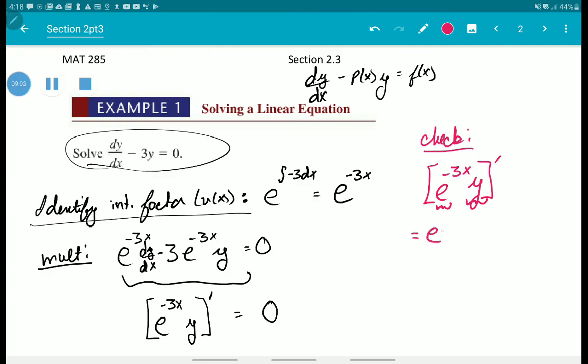So it would be the first function times the derivative of the second, which is y prime, plus the second function, y, times the derivative of the first, which is e to the negative 3x times the derivative of the exponent, which is negative 3. So do you see how this guy is equivalent to this?